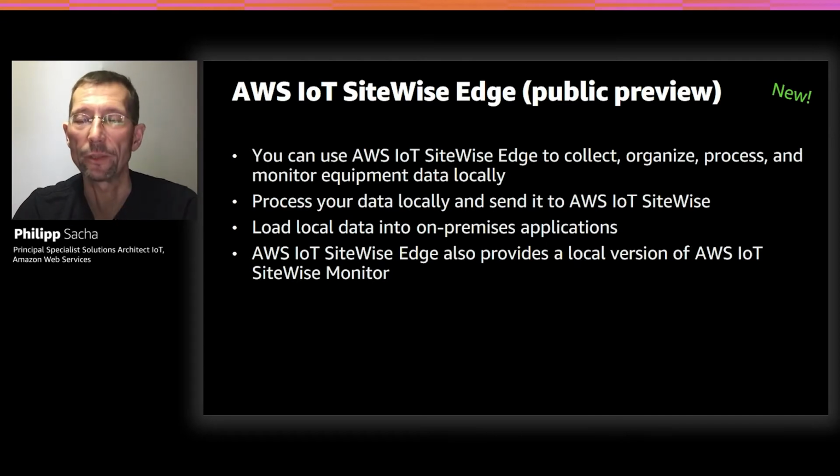So AWS IoT SiteWise Edge will be installed on a gateway, which could be, for example, an industrial PC in your environment. You can now process data at the gateway locally and visualize equipment data locally with a SiteWise Monitor that is also installed locally on your gateway.